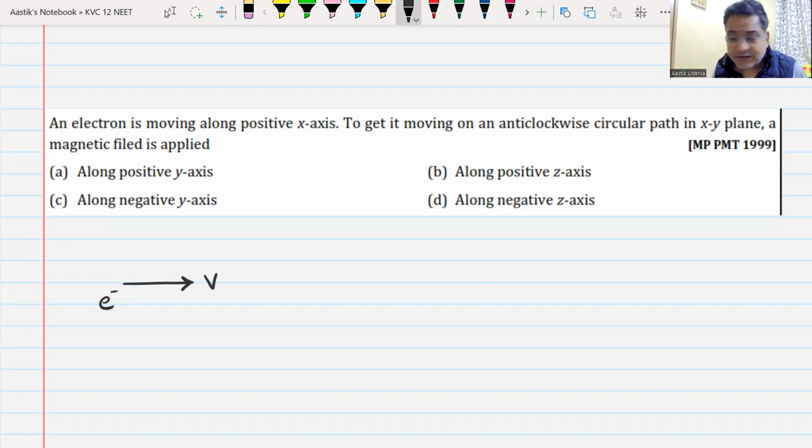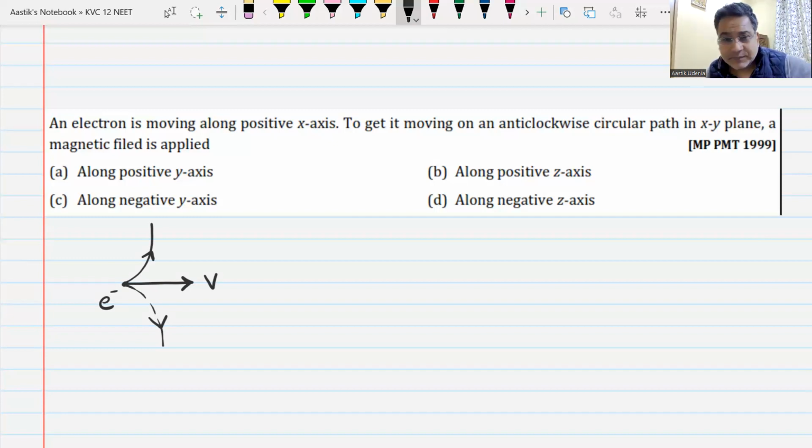Now, if you want to move it in anti-clockwise direction, how can it move? It can move like this in the xy plane, or it can move like this in a circular path. How do you want to turn it? You cannot turn it on the lower path because that will be clockwise. So you have to turn it on the upper side like this.